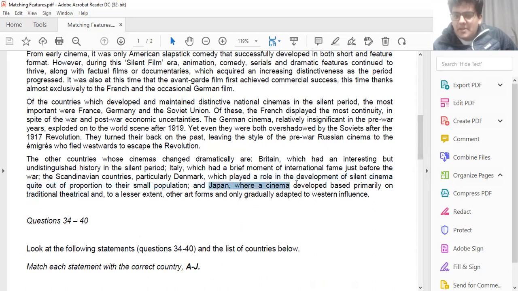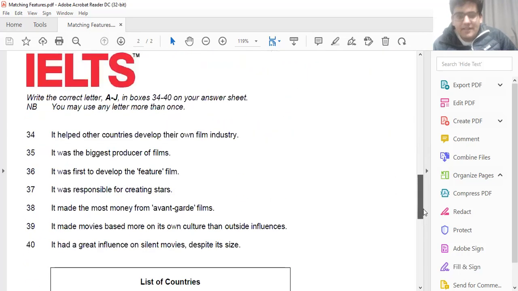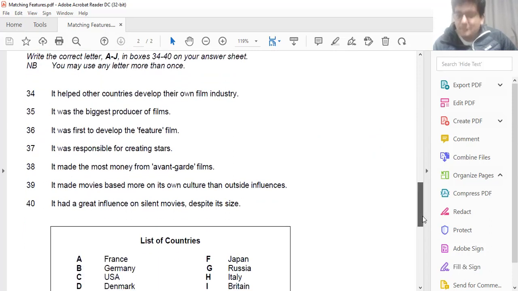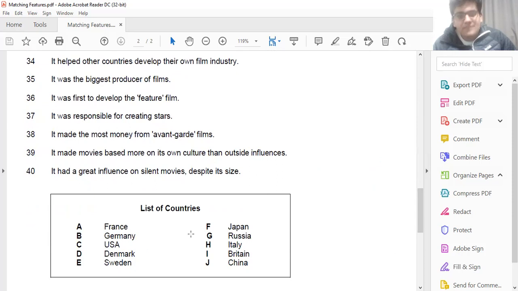Japan, where a cinema developed based primarily on traditional theatrical, means based more on their own norms and customs. Primarily means mainly. So the Japanese cinema clearly followed its own norms and customs over those of other countries. Therefore, we can say Japan made movies based more on its own culture than outside influences. What corresponds to Japan? F for Franklin. So 39 will be F.